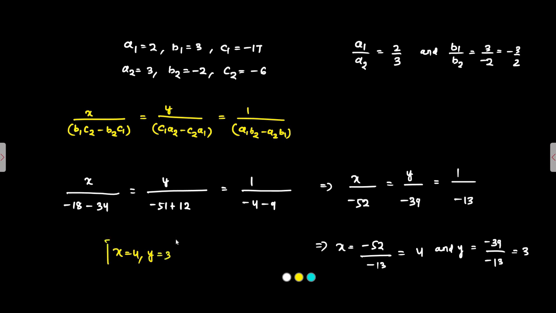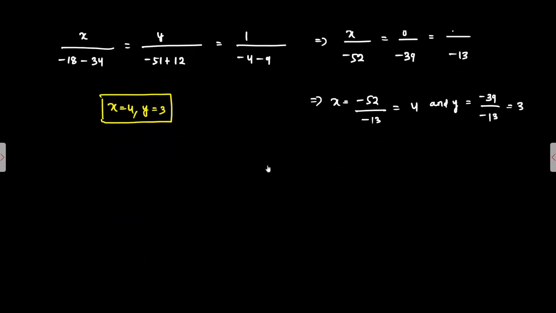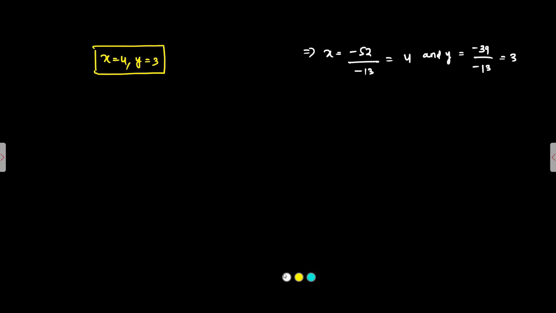Now suppose you are not able to recall this formula directly, then as I discussed in the basic concept video, you can draw the diagram, which is this: B1, B2, C1, C2, then A1, A2, then B1, B2.